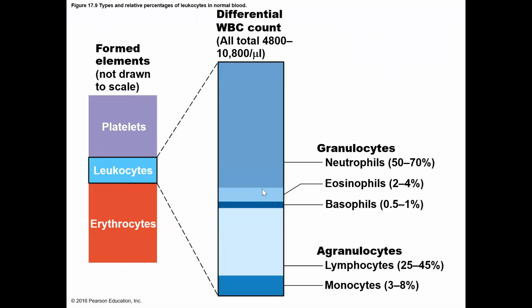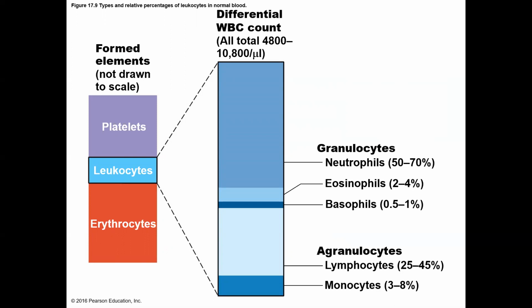And just to go over quickly the different types we talked about: neutrophils, eosinophils, and basophils. These are known as the granulocytes because they have granules inside the cells. So what distinguishes these three types is the presence of granules. The agranular white blood cells are the two remaining types, the lymphocytes and the monocytes.